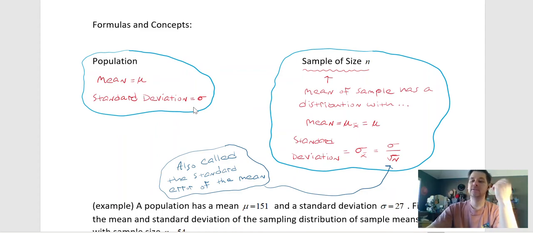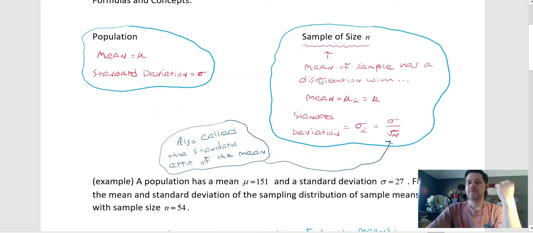So roughly that's what they tell you. And then we take a sample of a certain predetermined size from the population. And then we calculate the mean of the sample, the average. The mean is the average, okay? Now, what can we say about the mean of the sample?